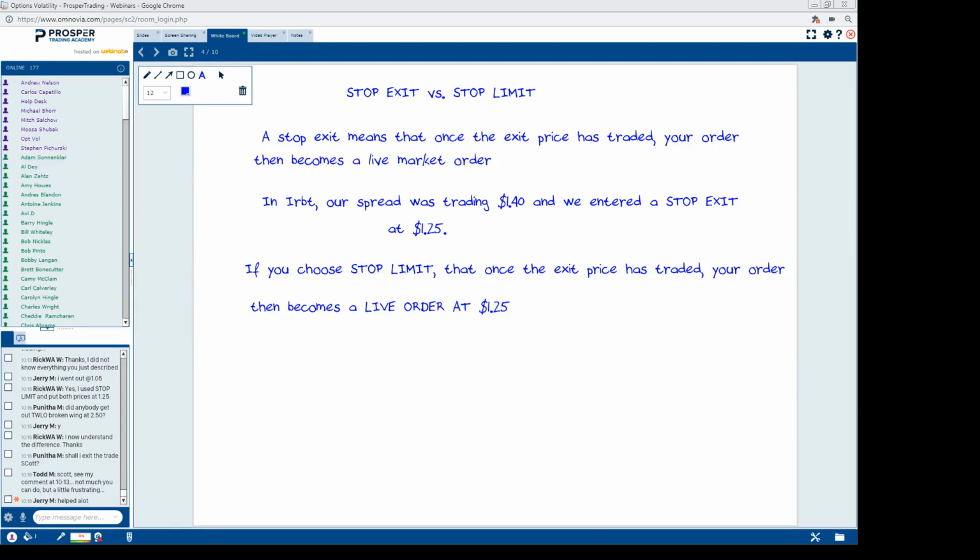No, Punitha, the broken wing fly, no, you should not get out. Todd, I don't know what to tell you because I know that at that point it had not traded $1.25 yet because it was still 130 bid.